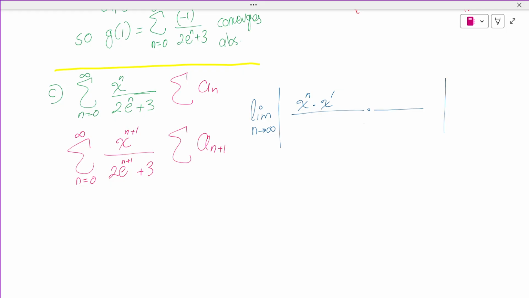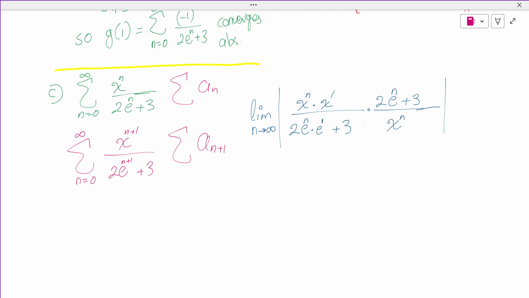Okay? Over 2e to the power of n, times 2e to the power of n plus 3, over 2e to the power of n plus 1, plus 3, and x to the power of n.